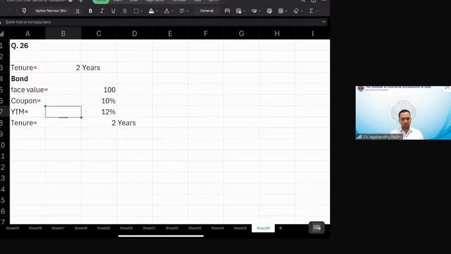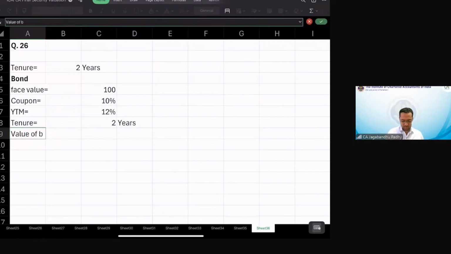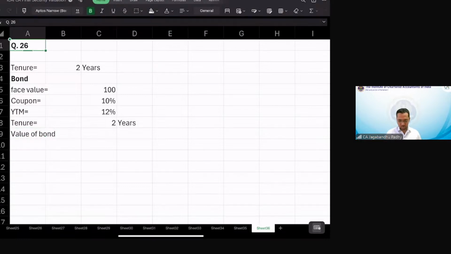Now, when you're going to invest in this bond, of course, you will buy this bond at its current ongoing trading price, right? So, what will be the value of the bond? Value of the bond when we are looking for a face value of 100, coupon is 10%, YTM is, let's say, 12%, and tenure is 2 years.